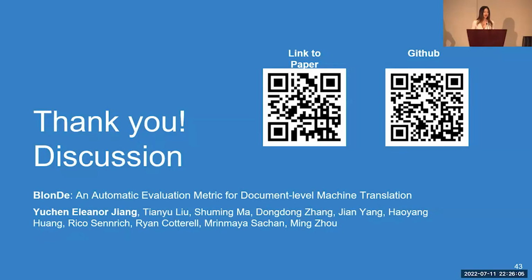So it will be possible to generalize to other generation tasks. To be honest, BlonDe is still a reference-based metric, so I'm thinking a lot about how to do reference-free evaluation in terms of coherence and consistency. It would be quite interesting to generalize it.